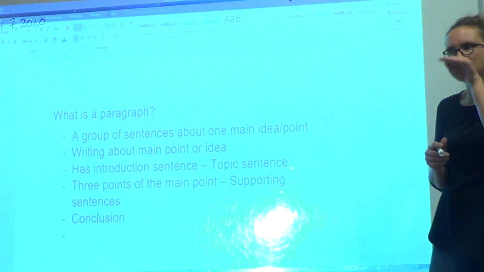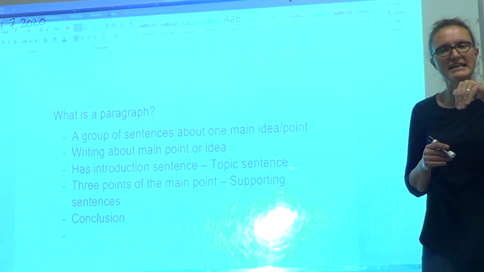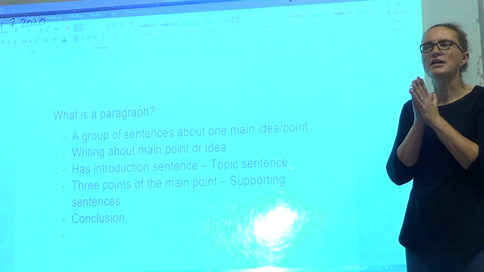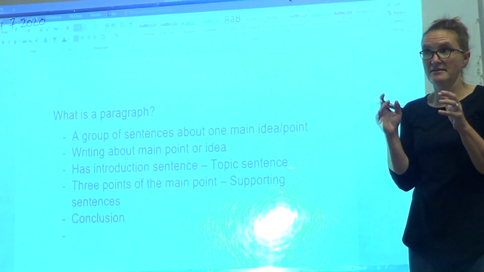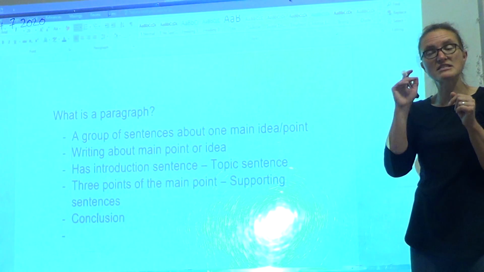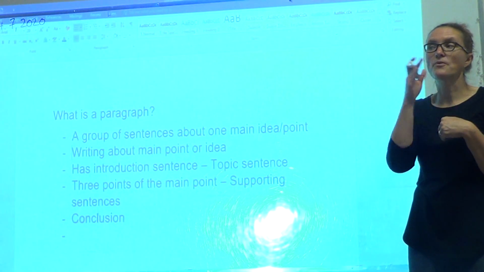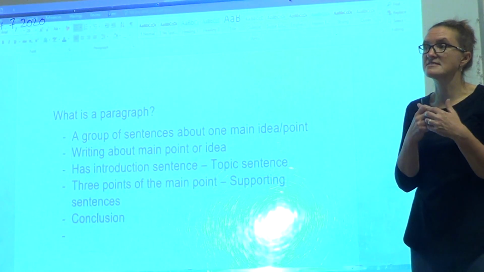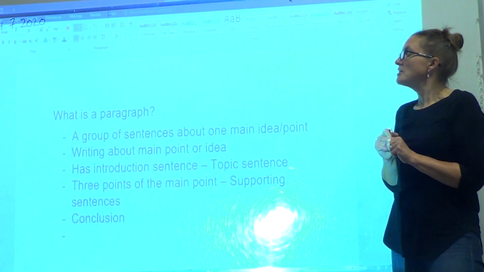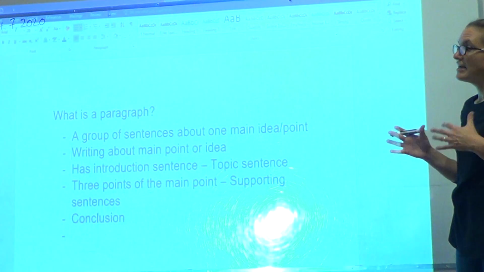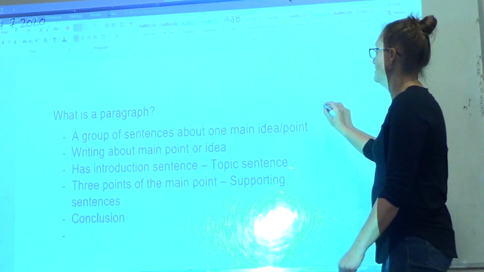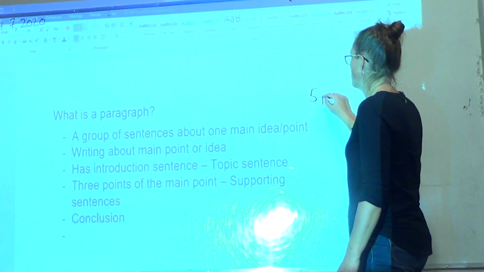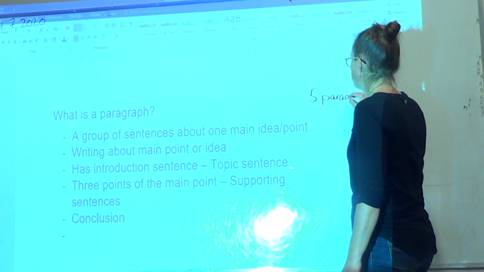No, it might come in the middle or sometimes even the end, but somewhere in there where I know that that is the main topic of that paragraph. And all the supporting details in there have to support that topic sentence, right? So you're going to have, let's say, 5 paragraphs in what you write. I always like to work with 5 paragraphs.